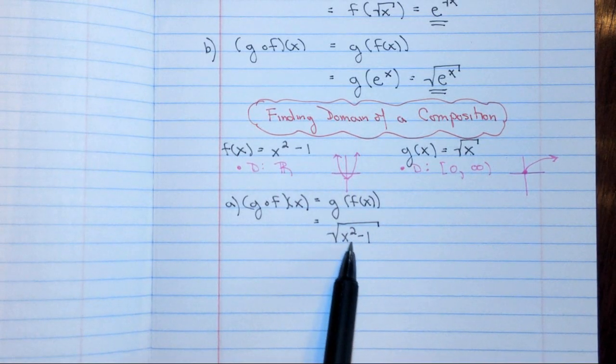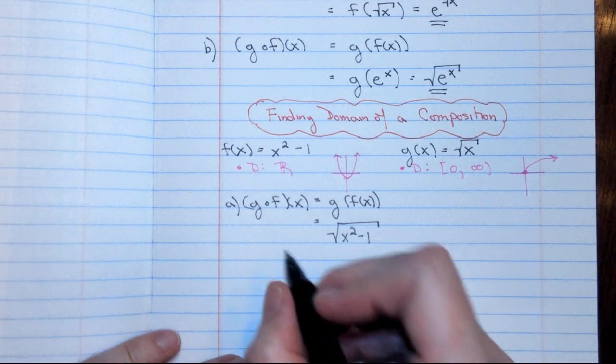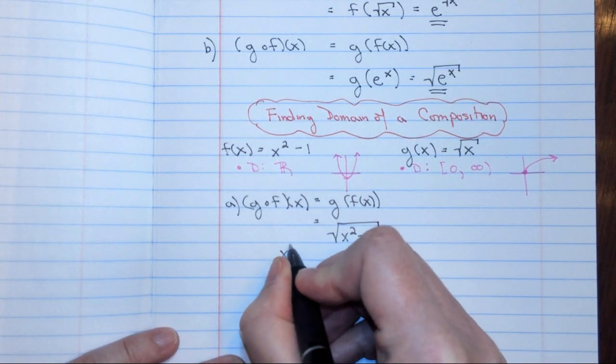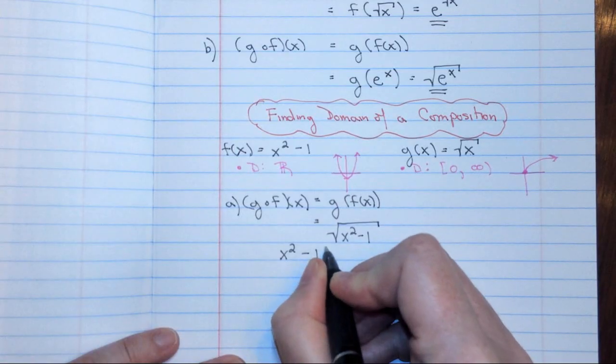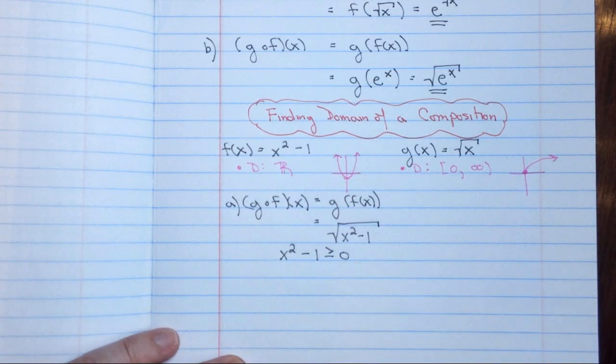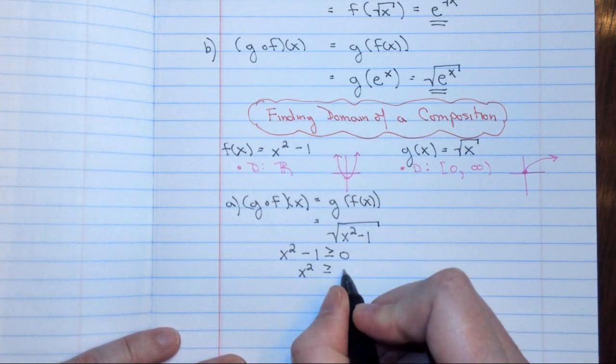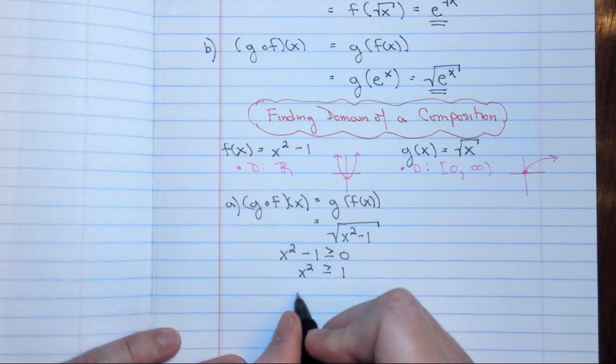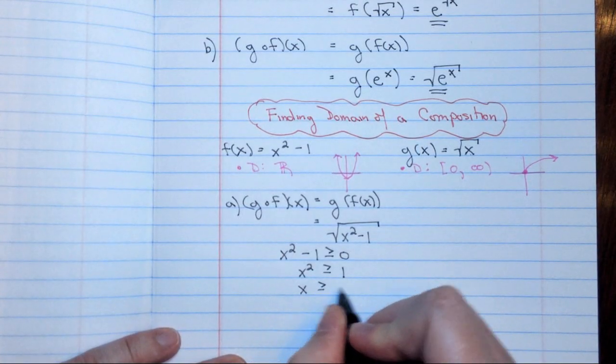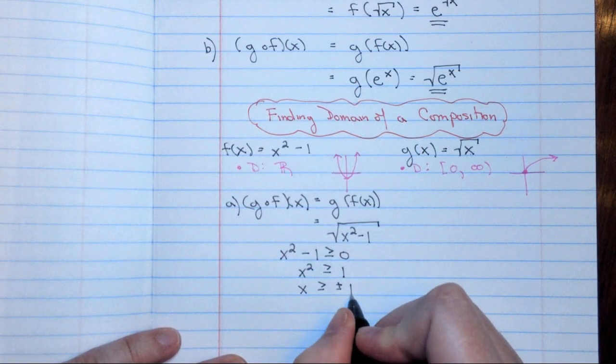When I look at this, I can't have a negative value in here. So I need x squared minus 1 to always be greater than or equal to 0. So x squared will have to be greater than or equal to 1. So x is going to have to be greater than or equal to positive or negative 1.